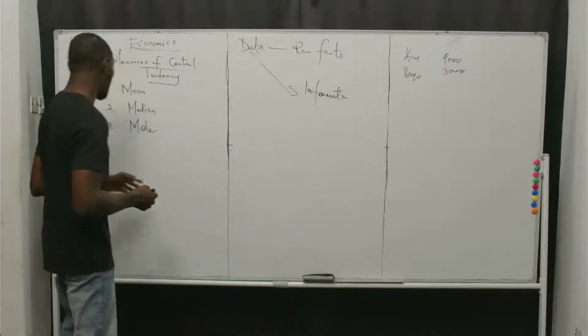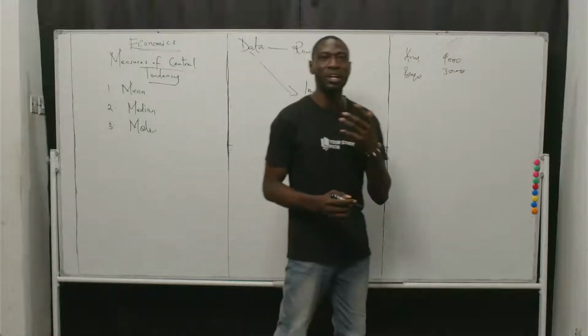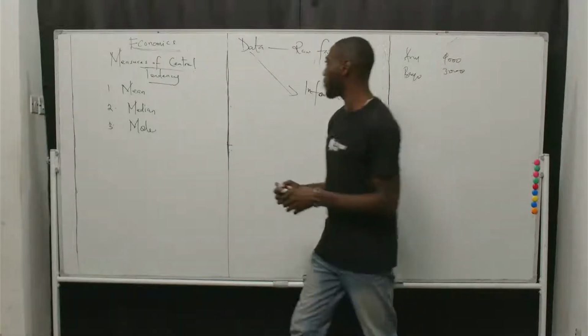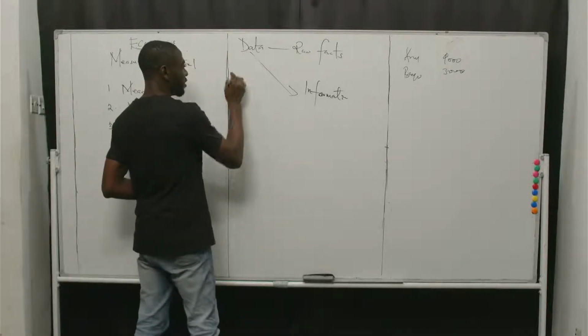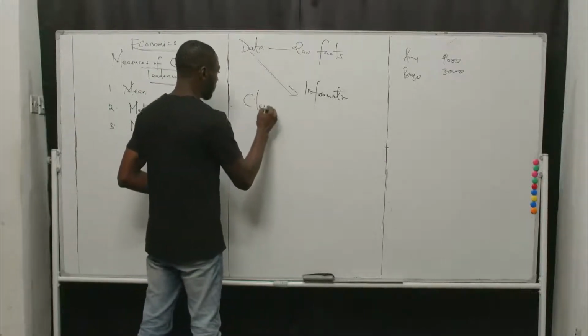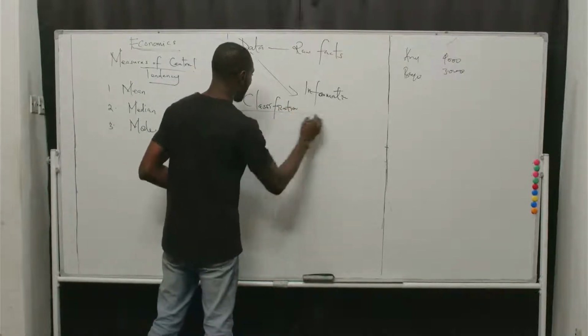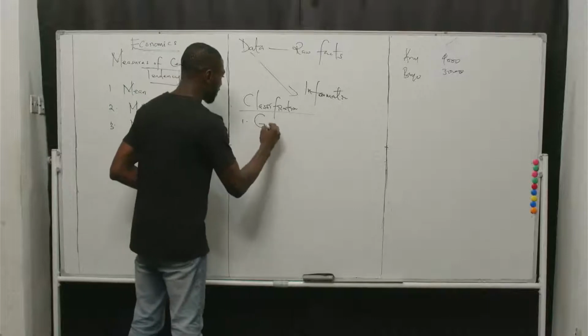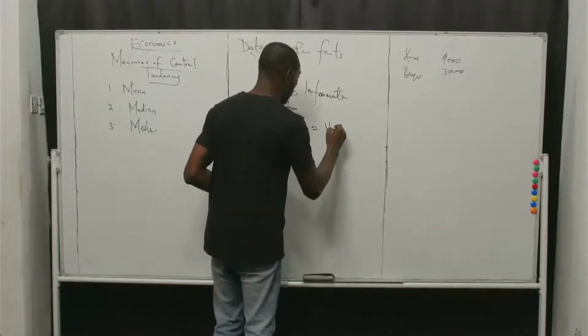All right. Now, since we have data, there are ways in which data can be classified. Data can be classified in a grouped way, and number two, in an ungrouped way.